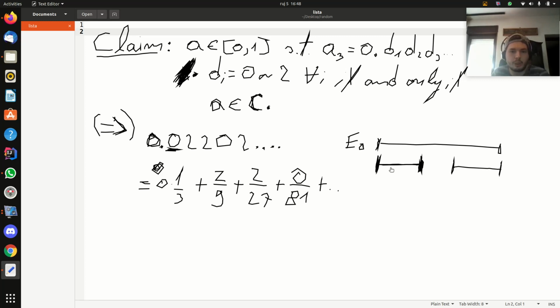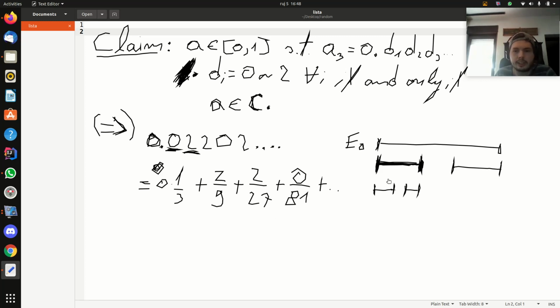So our number is going to be an element of this set, 0 to 1/3. Then we look at what happens when you pick the next digit, 2.